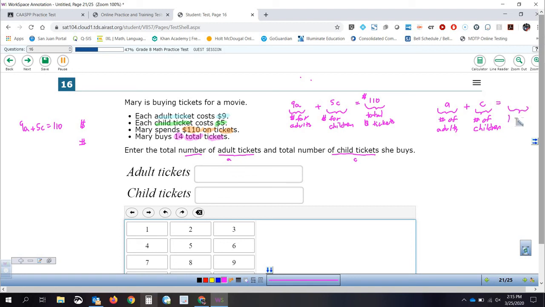This would represent the total number of tickets, right? Which we know happens to be 14. So that's our second equation. A plus C equals 14. So again, we have two equations here. The first equation has to do with the dollars being spent, and the second equation has to do with the number of tickets. And when you put those two equations together, you get something called a system of equations.